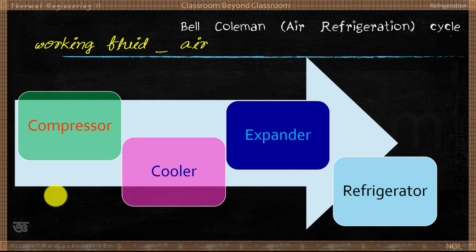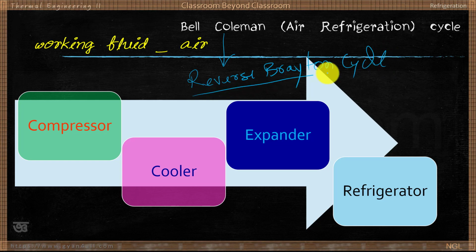Probably last class I mentioned that the Bell-Coleman cycle is actually the reverse Brayton cycle. The Brayton cycle we have discussed in the gas turbine. The same cycle, if we reverse the direction, becomes the air refrigeration cycle.